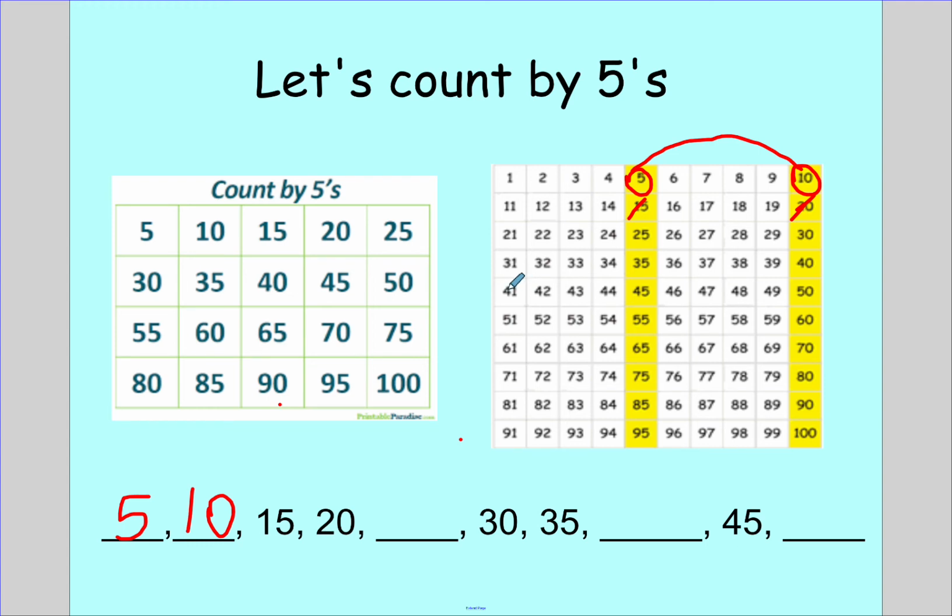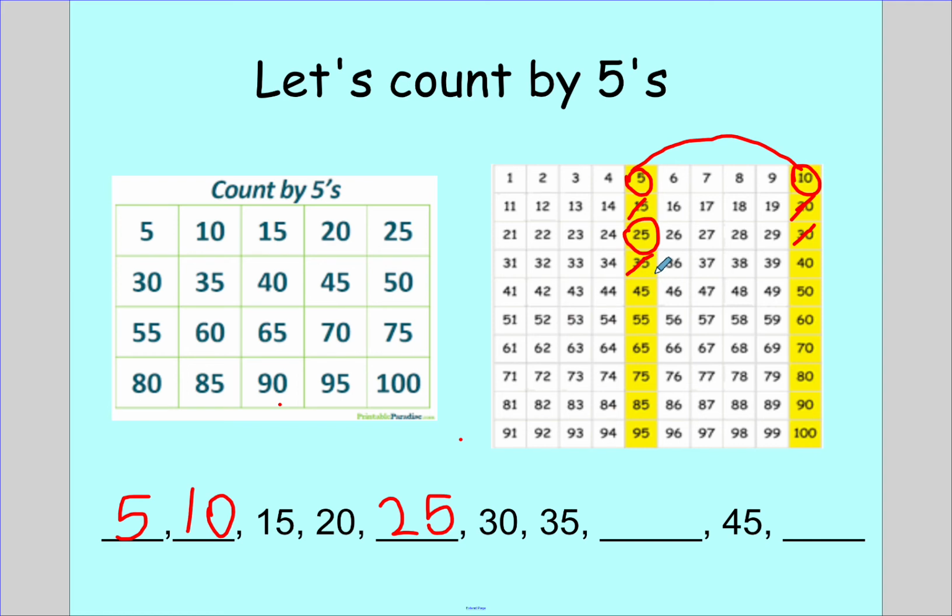And then I'm missing a number after 20, but I need to remember that the number has to end in 5. So my next number that ends in 5 is 25. And I have 30 and 35.